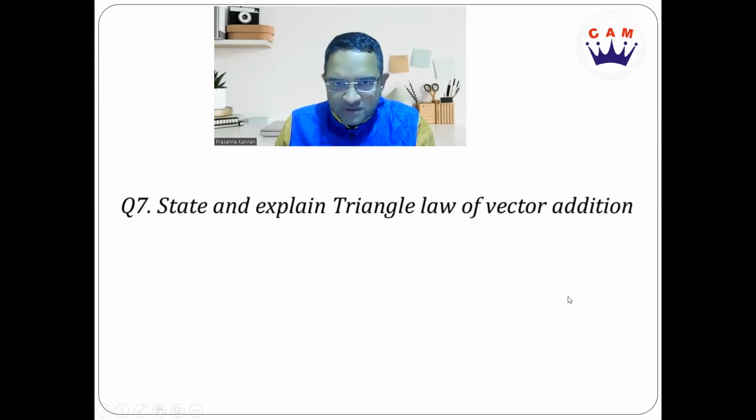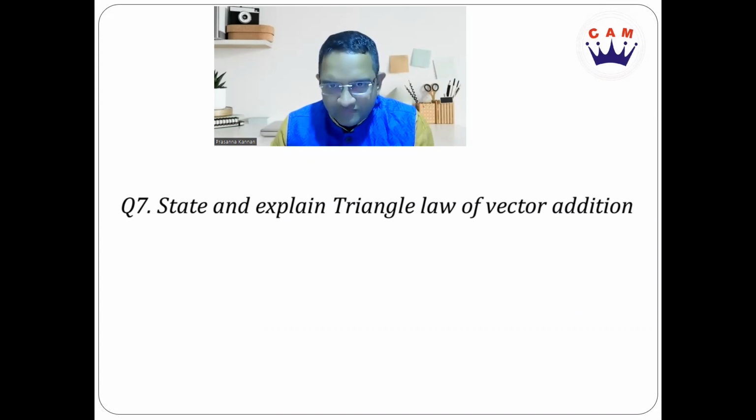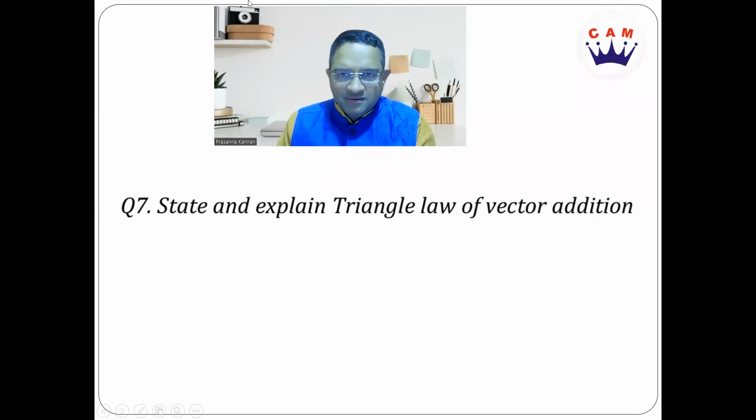Let's move on to the next question. State and explain triangle of vector addition. Who can tell me that? When two vectors are represented in both magnitude and direction by two sides of a triangle, the resultant would be the third side in the opposite direction, starting from the same point. Yes. Perfect.